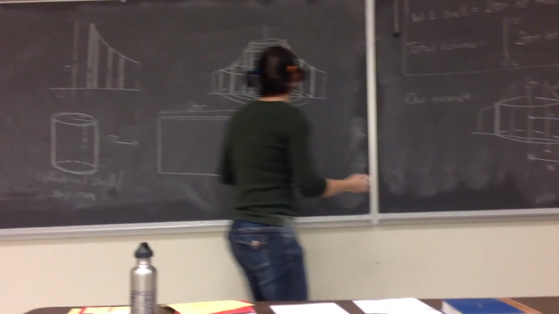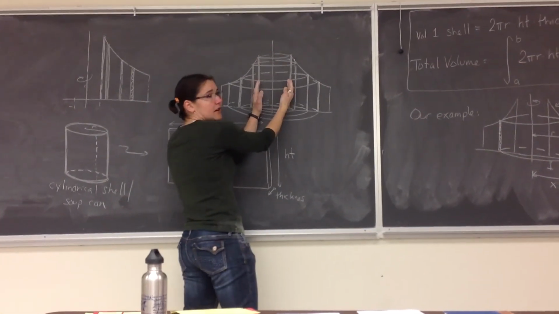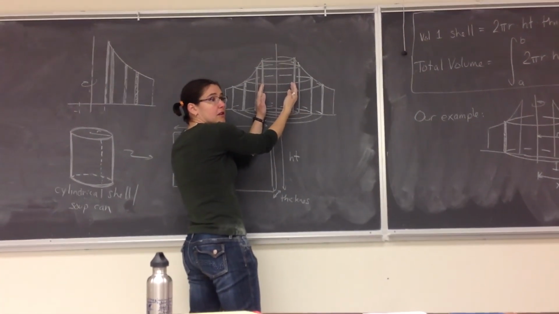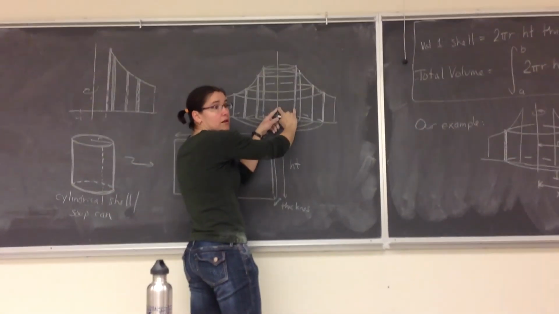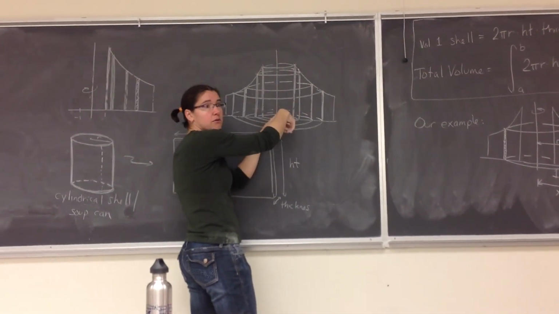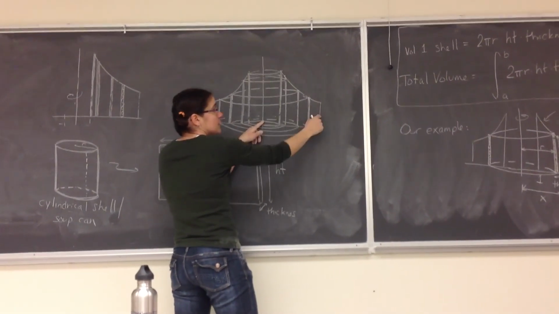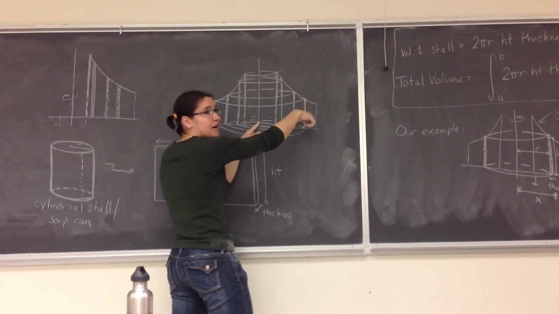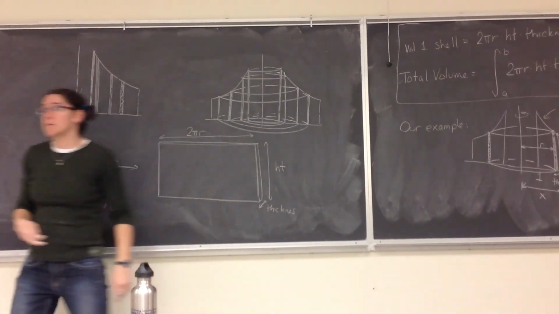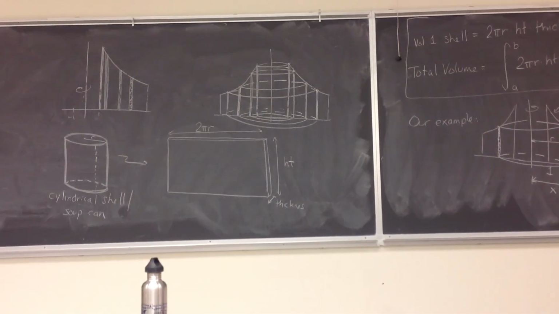So, for example, at our very skinniest shell here, the radius is 1, which is the x value of the wall. And for our very fattest shell, the radius is 2, which is the x value of the outside wall. Do we need to put boundaries on that radius then?